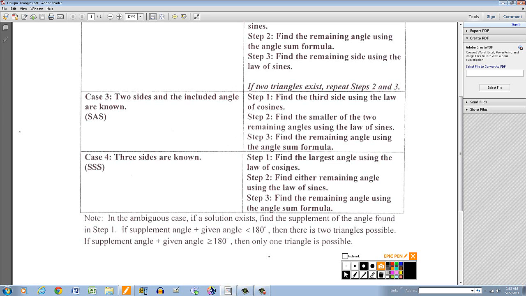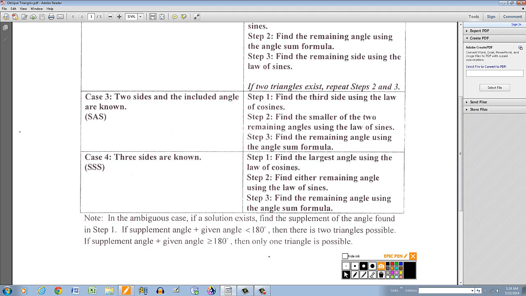That's why in this case they tell you to find the largest angle using the law of cosines, and this again avoids the ambiguity that you can have with the law of sines. Whether the supplement is going to be a solution or not, you don't have to worry if you find the largest angle first, because then you know the other 2 angles have to be acute, right? Because you can only have one obtuse angle. So if you know the largest, whether it's obtuse or not, the other 2 have to be acute.